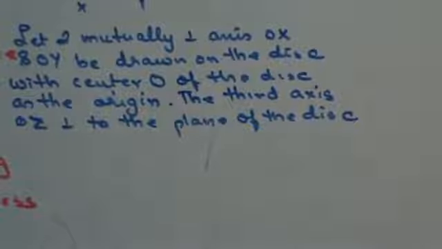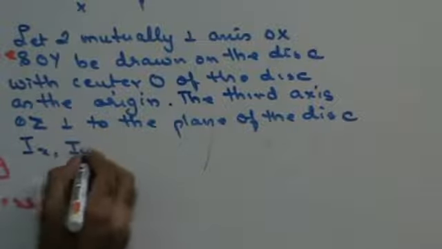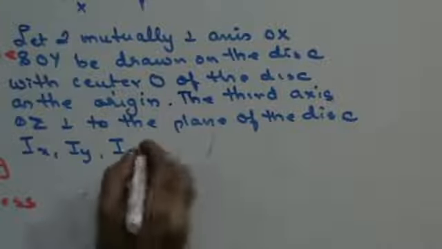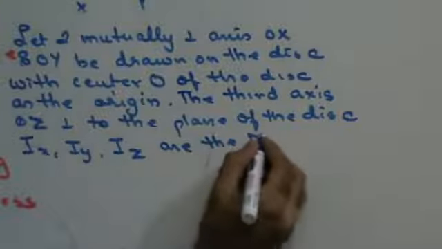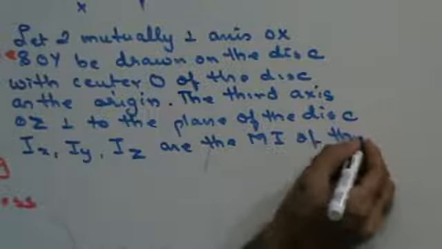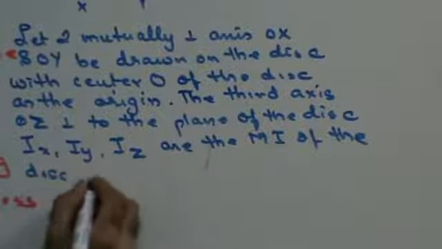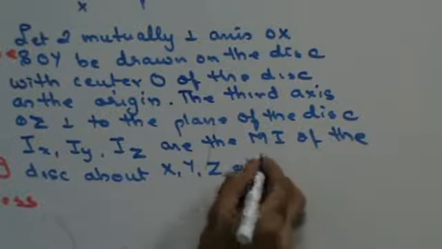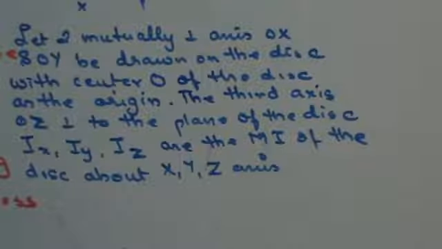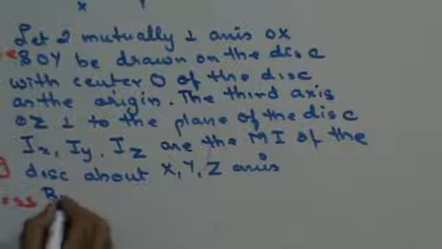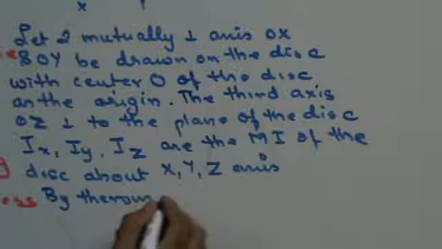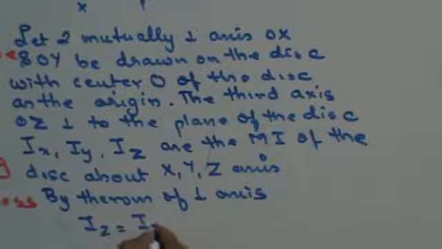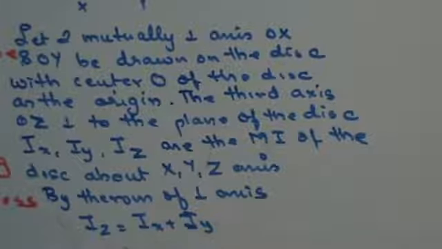Let's assume that Ix, Iy and Iz are the moments of inertia of the disk about the x, y and z axes. Then by the theorem of perpendicular axes, Iz is equal to Ix plus Iy, right?